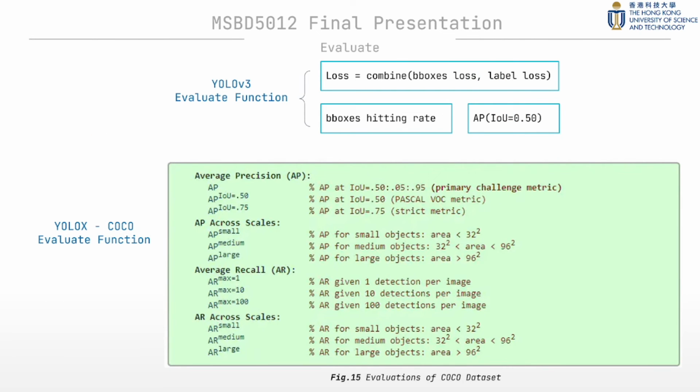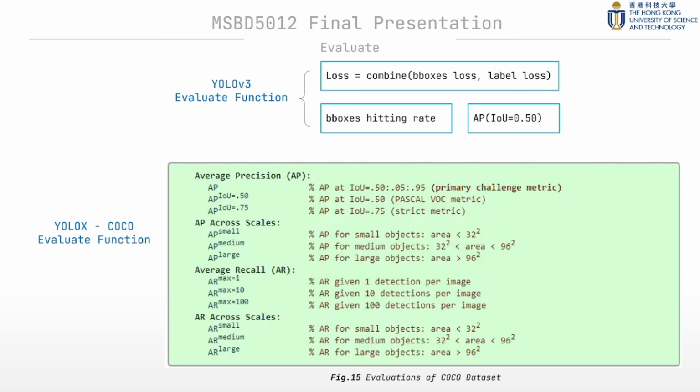Here are the ways we evaluate our models. For YOLOv3, first, we compute the total loss combining the losses of bounding boxes and labels. Second, we compute the hitting rate of the predicted bounding boxes. And lastly, we calculate AP50, which means the average precision of the bounding boxes with IoU larger than 0.5.